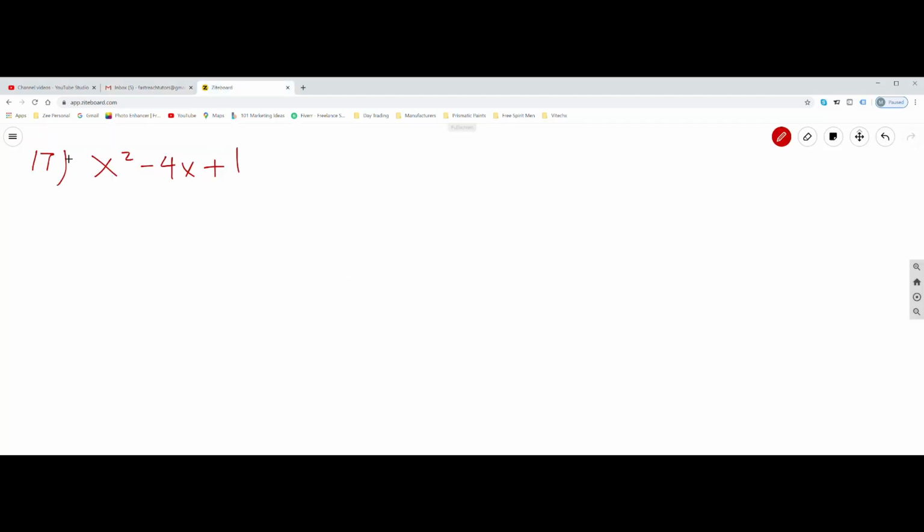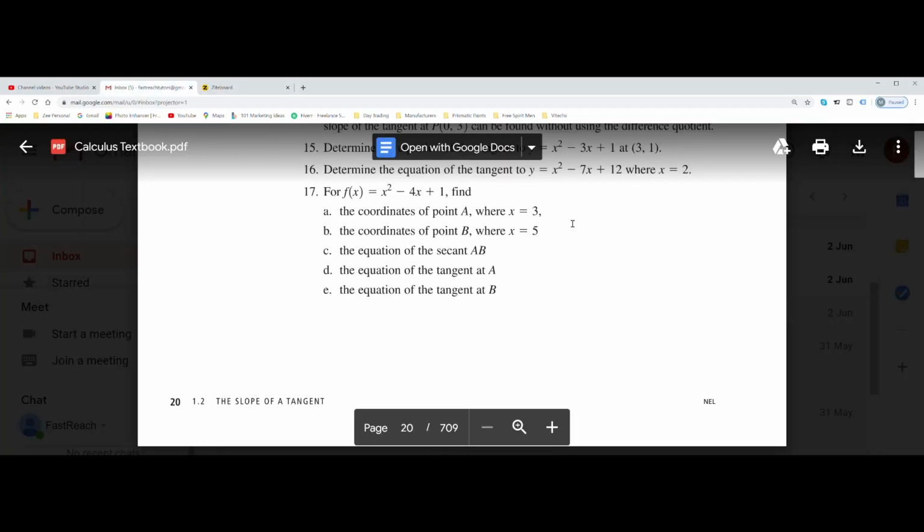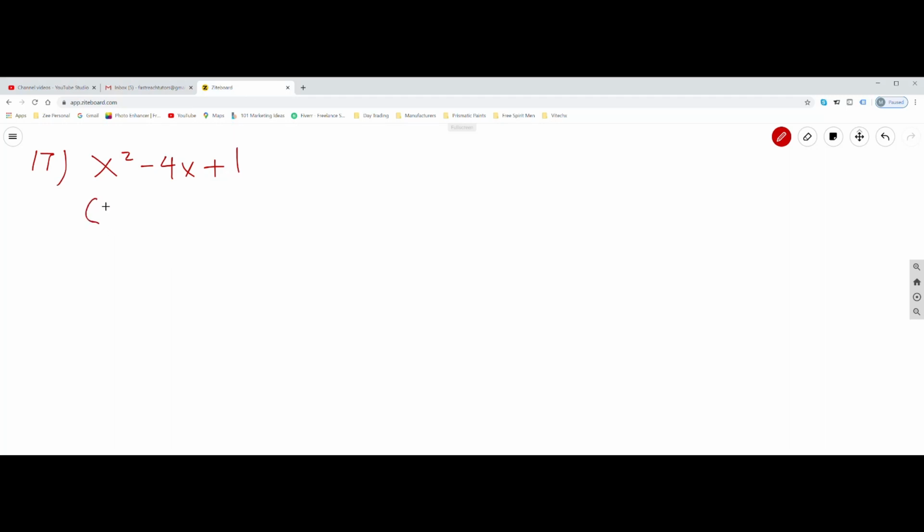So what we need to do is just put x equals 3 in the formula. So 3 squared minus 4 times 3 plus 1. You have 9 minus 12 plus 1. So that's minus 2. So the points are 3 and minus 2. That's for A.